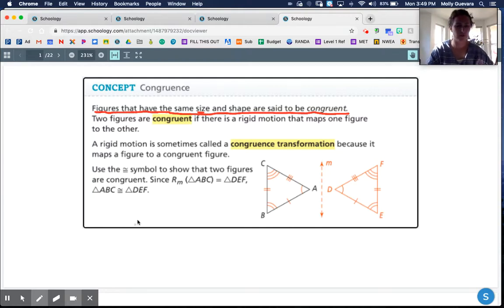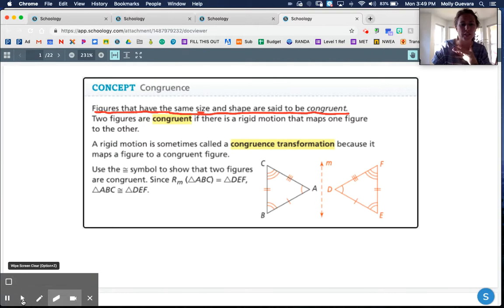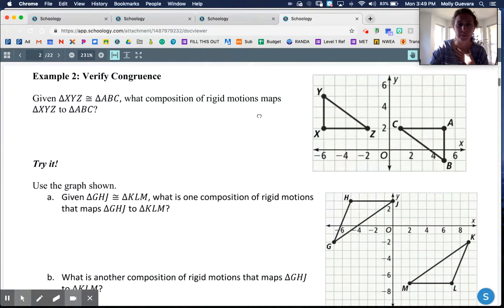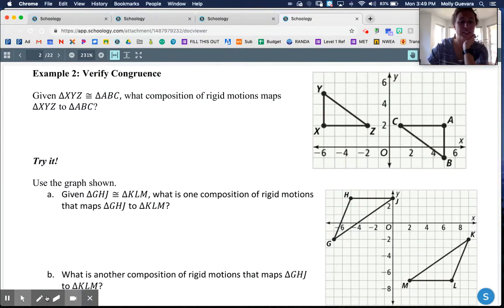Can't say it enough. Okay, so we're going to look at a couple more examples here on trying to figure out what the actual transformation is. How did we get from one shape to the other? Okay, so example 2 here says, given triangle XYZ, so this one was given to me, how did I get to this one?